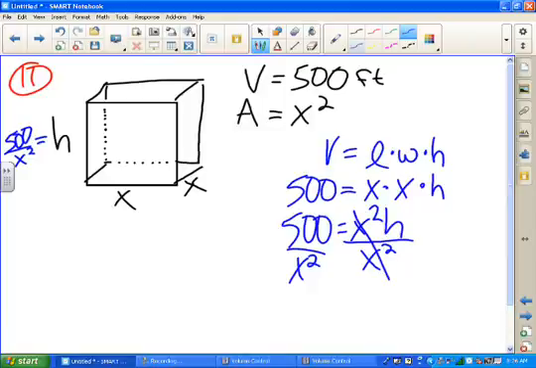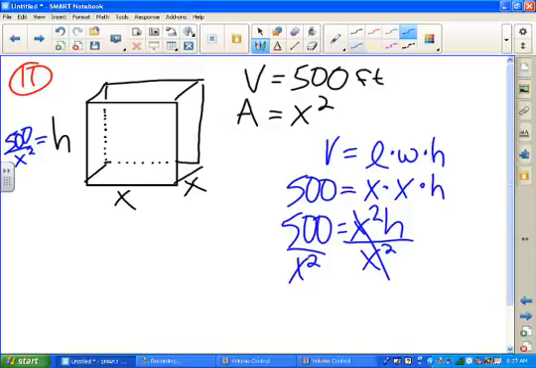So I need to find the smallest surface area of this box so that it'll contain 500 cubic feet of whatever it's going to contain, probably some sort of liquid. So essentially I need to write an equation for the surface area. There are different equations that are pre-formulated that you could write out, but we could also just go through step by step and write down what we need to write down.